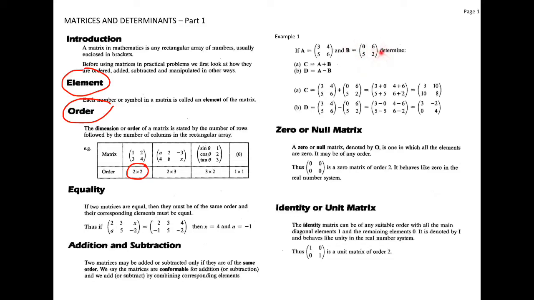Got to be a 2 by 2. Then you can add them. You can add the corresponding elements together. Like you add the 3 and the 0, you add the 4 and the 6, you add the 5 and the 5, and the 6 and the 2.